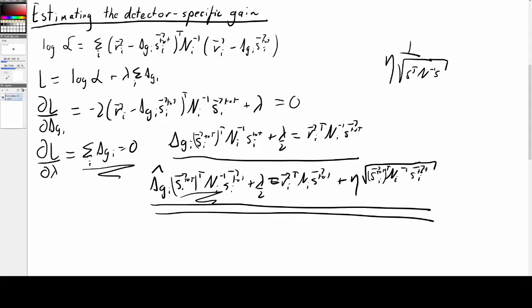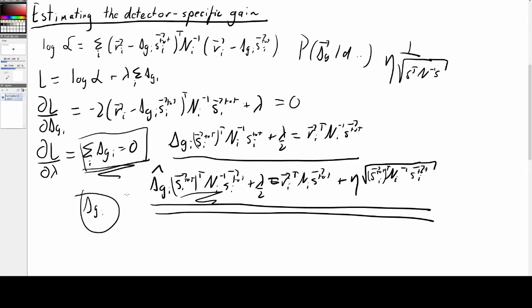We also have to include this equation in our system of equations. So solving this system of equations for delta g_i will give us a sample from this distribution, and that sample will have taken this constraint into account.